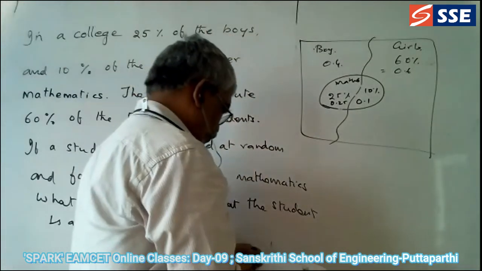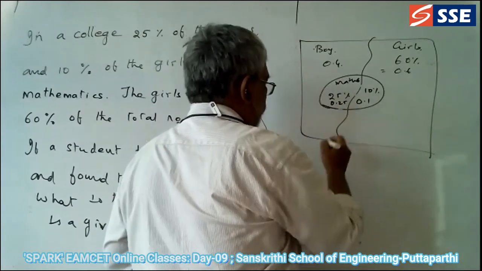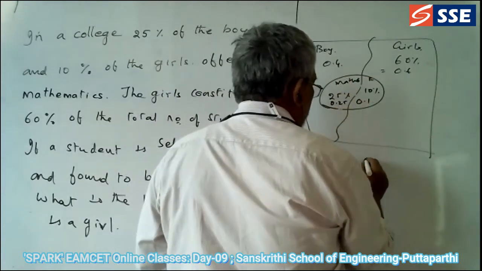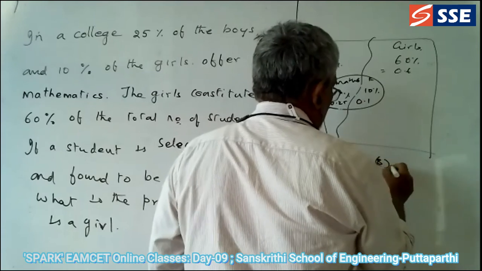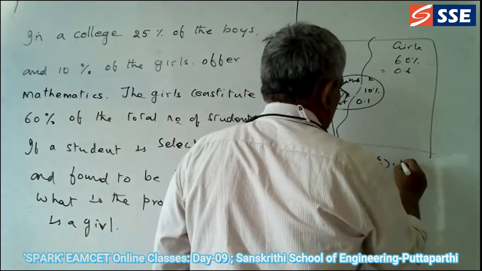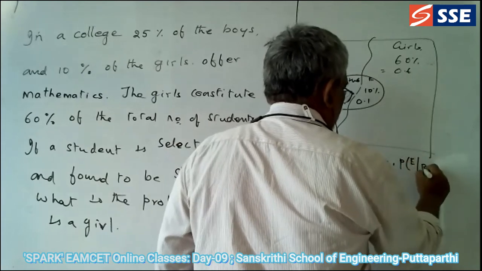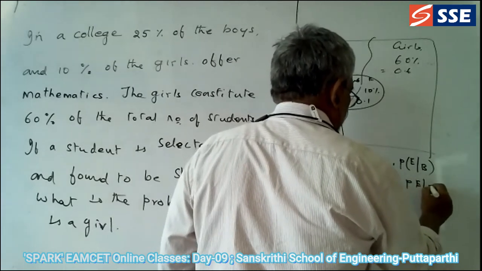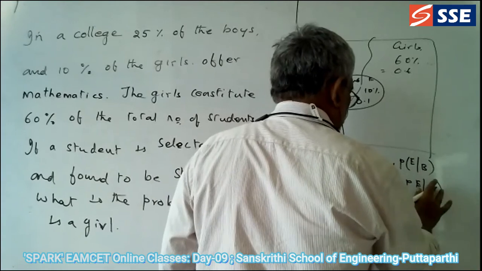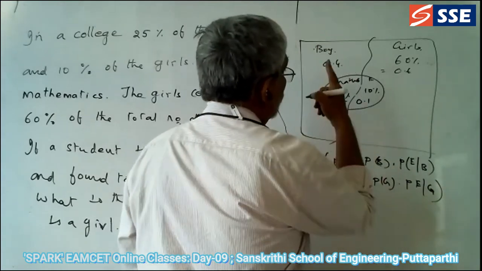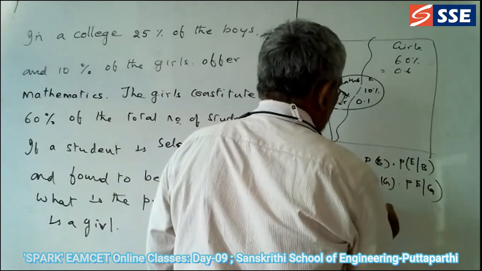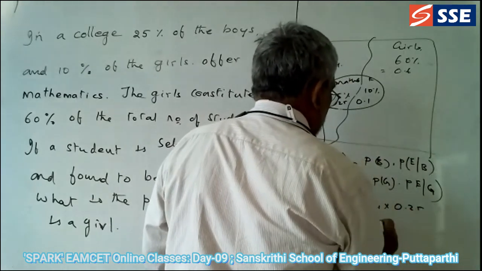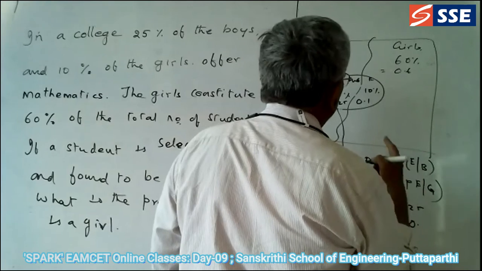Straight away now we will go for the problem. First, the probability of having mathematics is P of E. We can take it as E. P of E is equal to P of boy student into probability of boy student selecting mathematics, plus P of girl student into probability of girl student selecting mathematics. That is, what do you get? 0.4 into 0.25, boy selecting mathematics, plus 0.6 into 0.1.